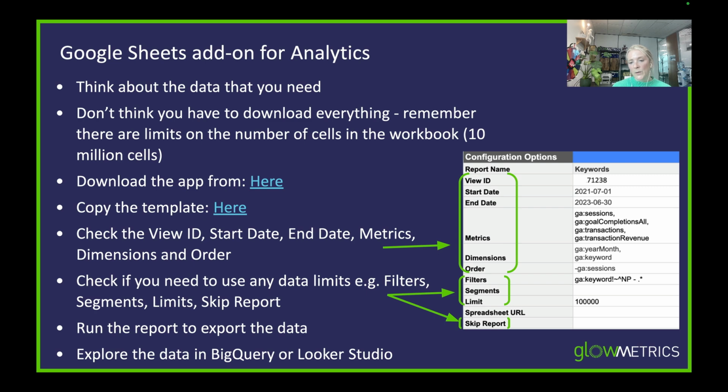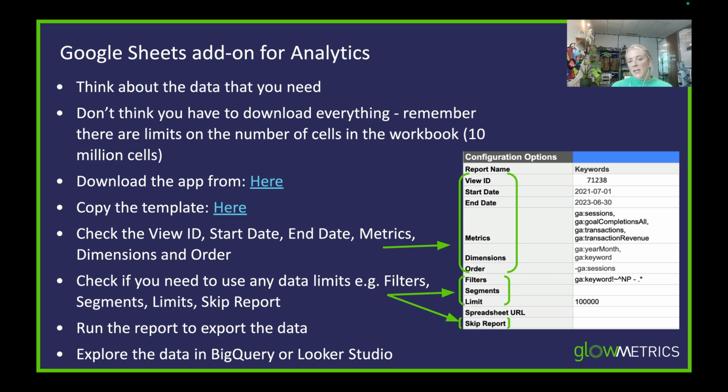So you could run this for non-purchasers or purchasers, for example, if that's a segment that you've created. And then we've talked about the limits already. You can also skip this report, so you can put in, for example, true or false in that field for skipping the report, if you didn't want that report to run.